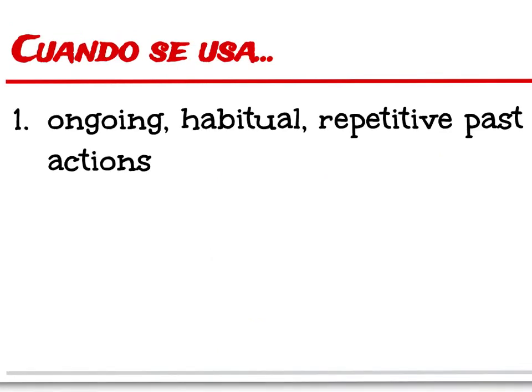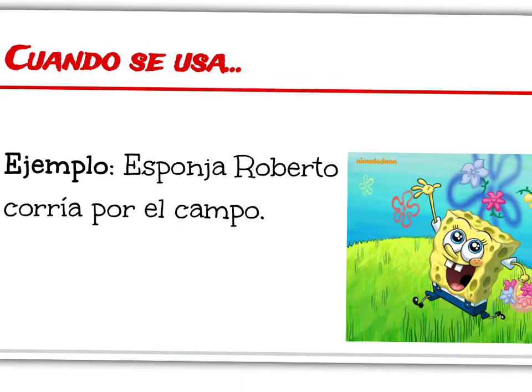Let's talk about the different times that we use them. There are 3 times when we would use the imperfect. Please write down these ejemplos in your notes as well. The first time that we would use them are for ongoing, habitual, or repetitive past actions. Por ejemplo, Esponja Roberto corría por el campo.